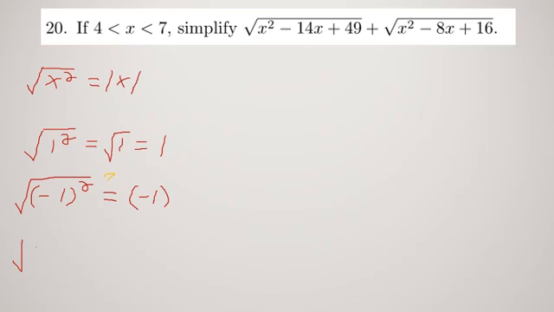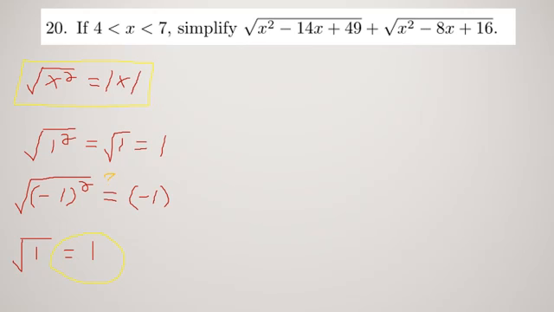Negative 1 times negative 1 is 1. So, the square root of 1 is 1. So, it's not negative 1, but actually 1. The square root of negative 1 squared is actually 1, not negative 1. So, that's why the square root of x squared is the absolute value of x, not x.